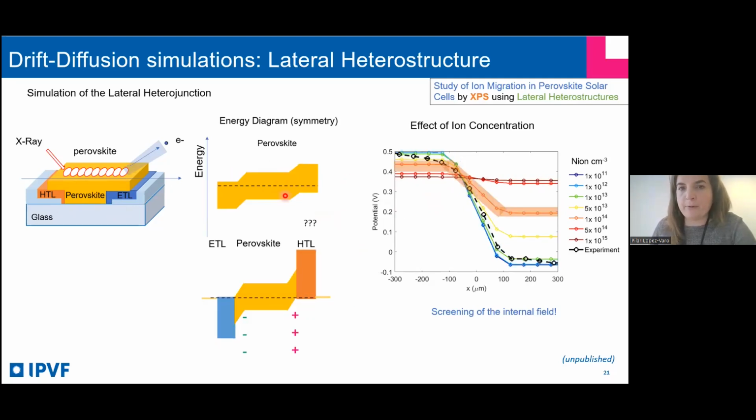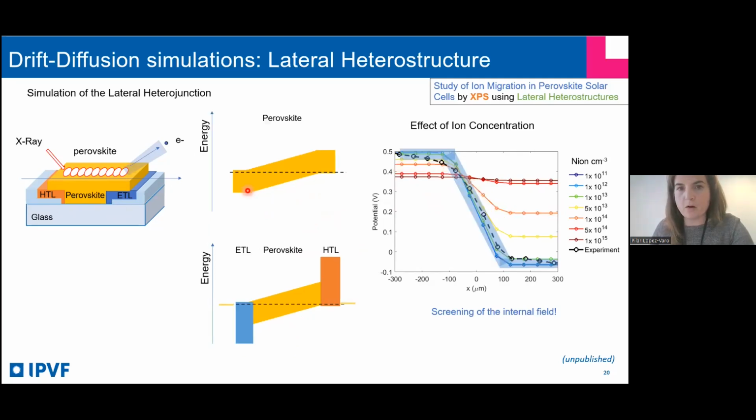Remember that before I told you, okay, if we have some ions, we are going to decrease this potential. So this is what is happening. In the case that we have low ion concentration, we can see exactly this built-in potential that was created in the solar cell at the bottom.